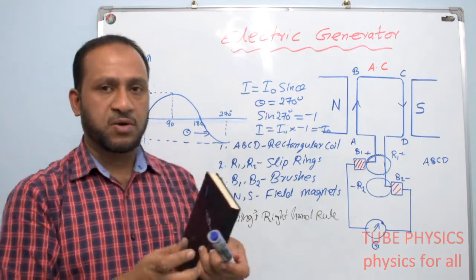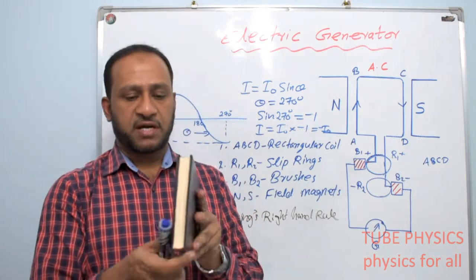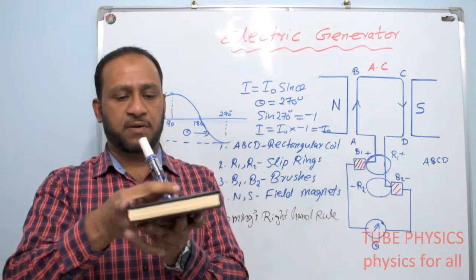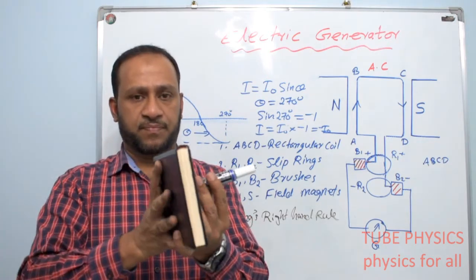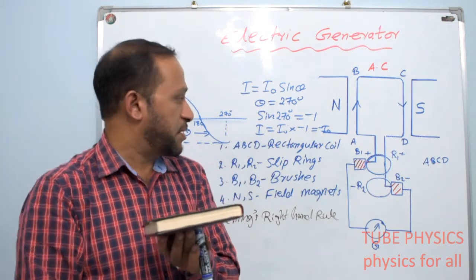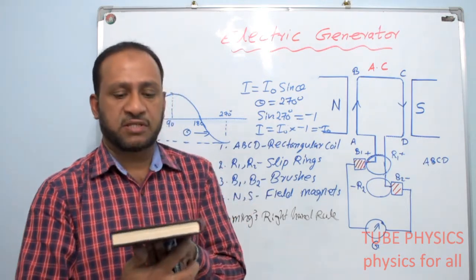Now the last quarter of rotation is remaining. It started from here, 0 current; at 90 degrees, maximum current; at 180 degrees, it becomes again 0; at 270 degrees, current becomes minus I naught, reverse direction maximum.